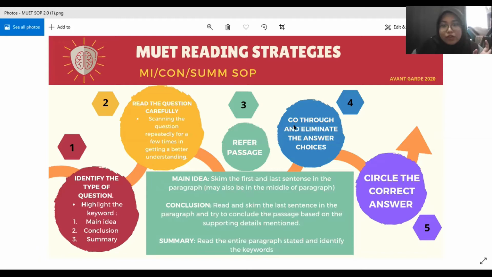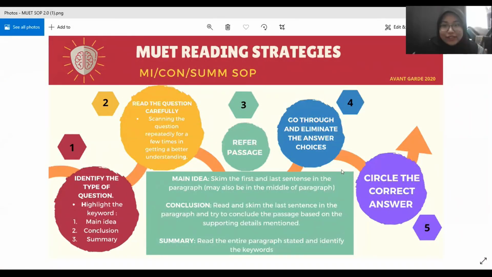Okay, after you refer to the passage, you need to go through the answers and eliminate the answer choices which are not related to the answer. And then lastly, you need to circle the correct answer.